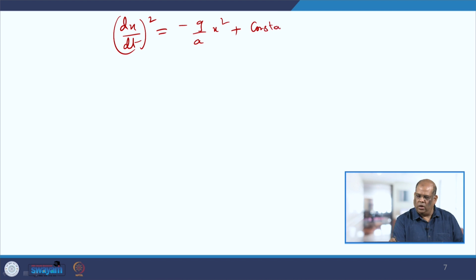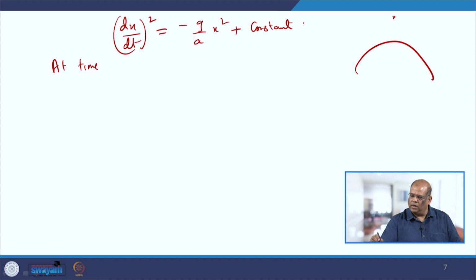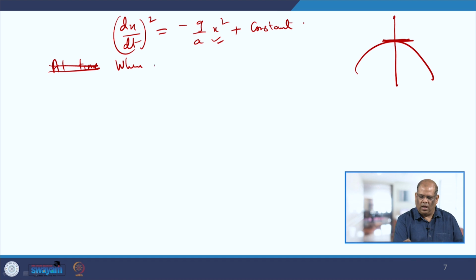Now, I have to use the initial condition to find the value of the constant. It has fallen from this point, so what information is available? Here I need the velocity and the distance. When x is equal to a, what is the value of the velocity?